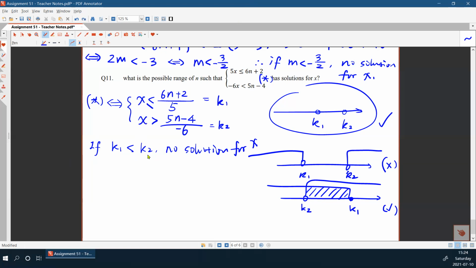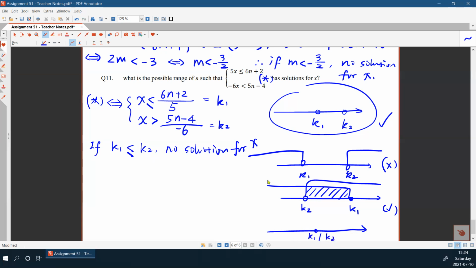What will happen if K1 equals K2? How about Dora? Can you tell me? Yes, we can, right? If K1 equals K2, this means both K1 and K2 are here.